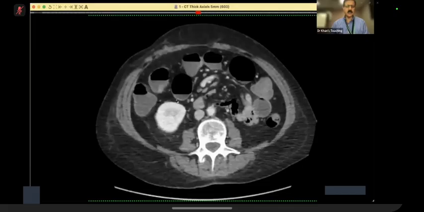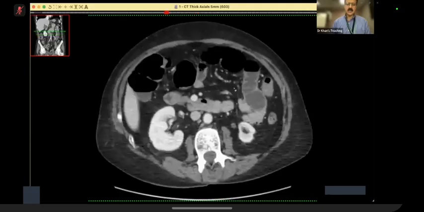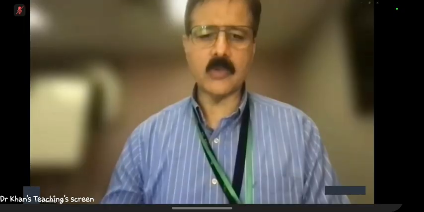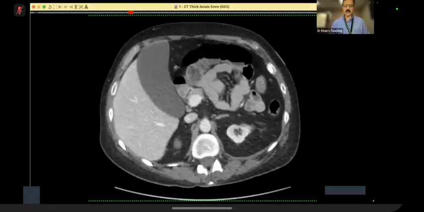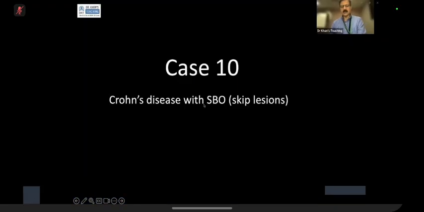Now, this case, of course, is why I have selected this, the fine touch of the concept of what we call, I use this analogy. This is Crohn's disease with small bowel obstruction, skip lesions were there.